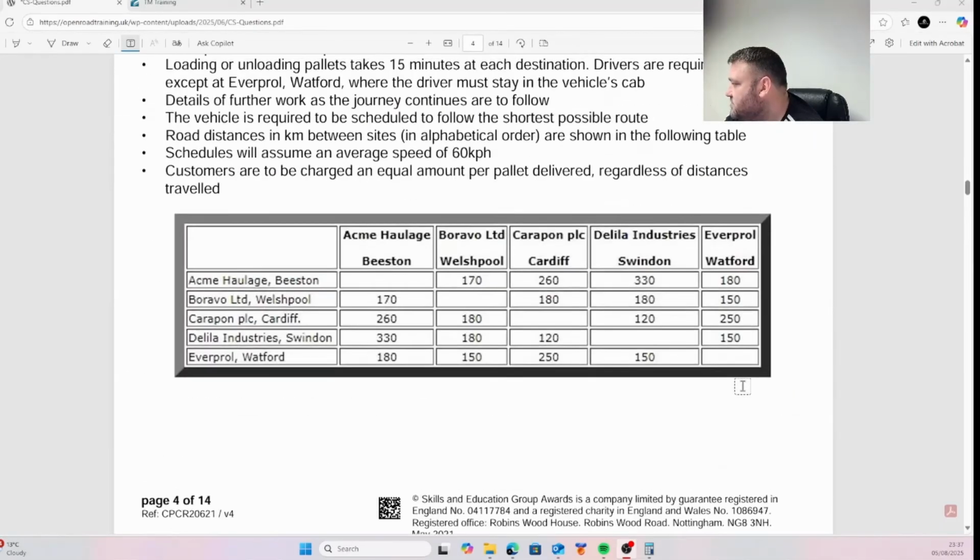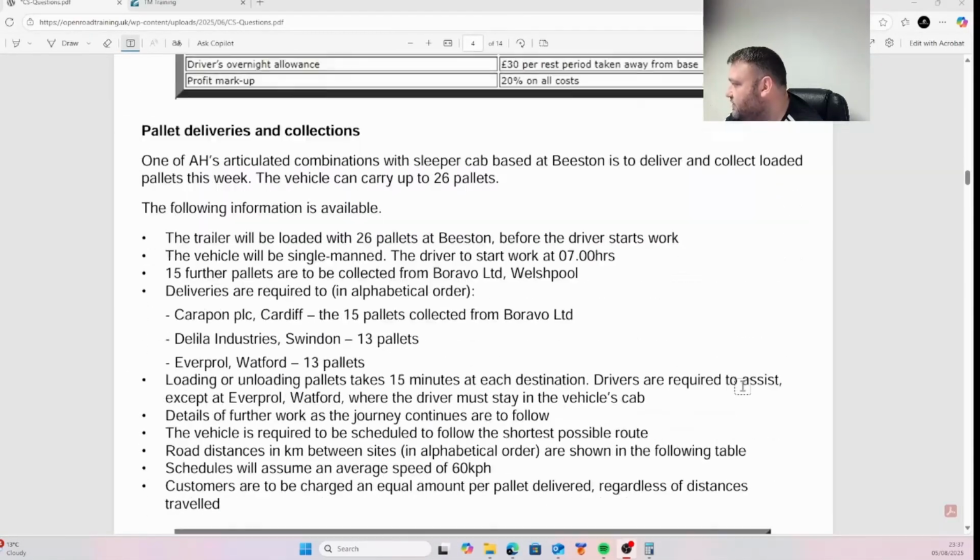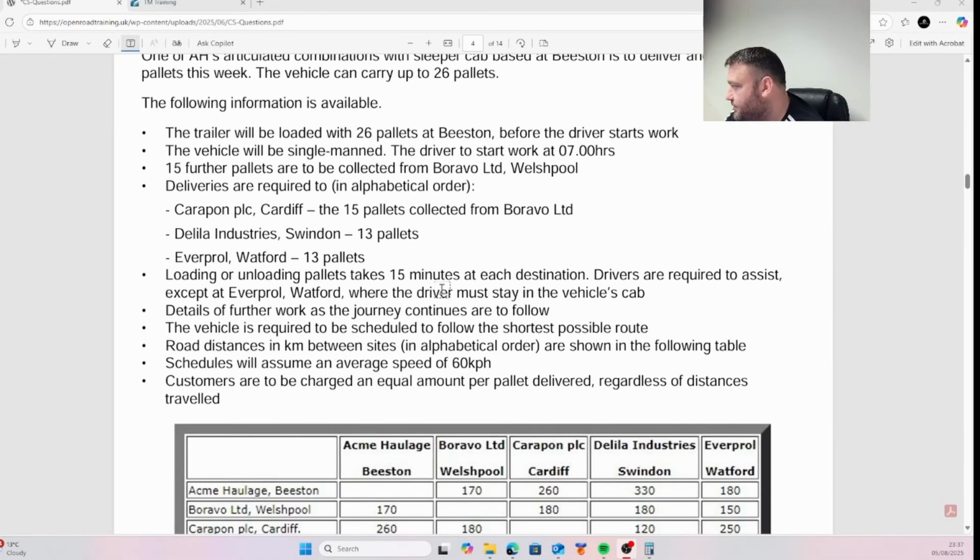So what we need to do is see how many pallets are being delivered. Not collected, not loaded, but delivered. Okay, so the trailer will be loaded with 26 pallets. Are we charging for them yet? No, we're not, because they've not been delivered. Further 15 are to be collected. We're not charging for them yet because they've not been delivered.